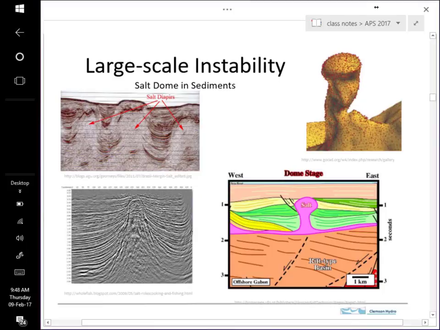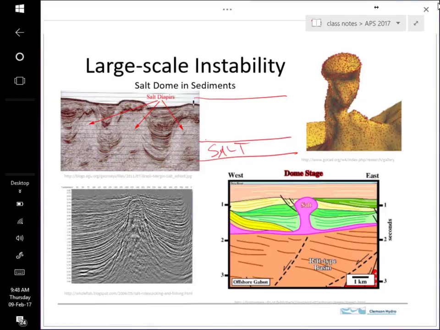What I'm showing here are geophysical cross sections of what's called a salt diapir or salt dome. These are features where you've got a layer of salt overlain by sediments that are denser than the salt. So this is unstable.